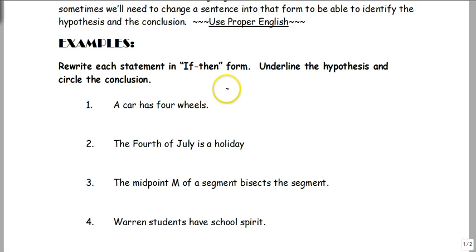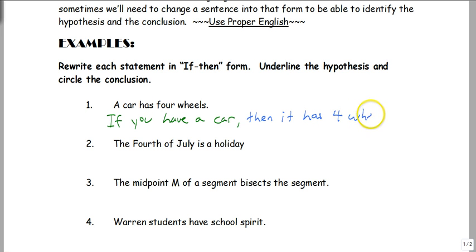If you have a car, then it has 4 wheels. So that's how you turn a sentence into an if-then statement.